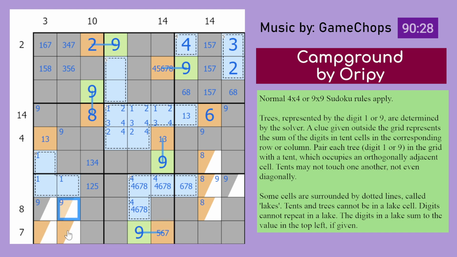But that also means that that can't be 8. Huh, so I don't think that's 8. Because we know if 8 is in one of those cells. No, sorry, this could be 8 if 8 was in one of those cells. Yeah, I don't know what I'm thinking.